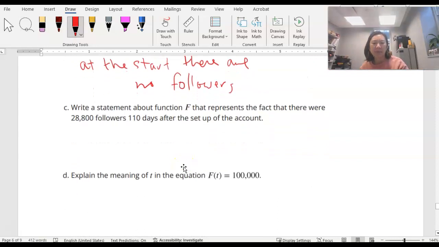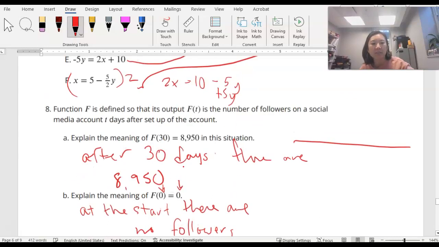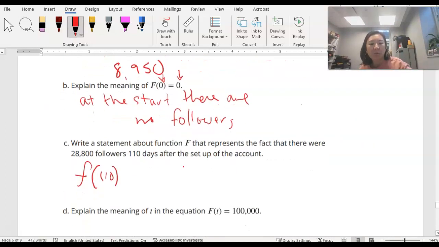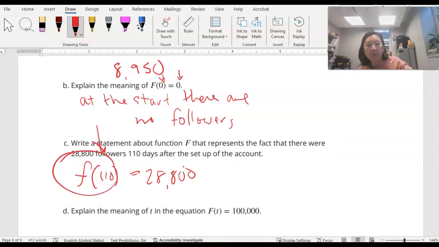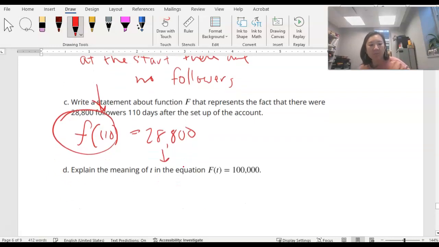It says write a statement about function f that represents the fact that there were 28,800 followers after 110 days. So f of 110, let me just make sure this is days, yep, equals 28,800. Remember, this is just our function notation. This tells us input, this tells us output.